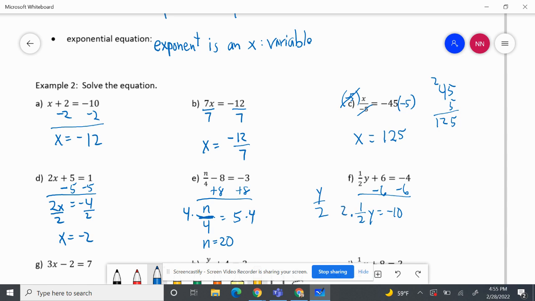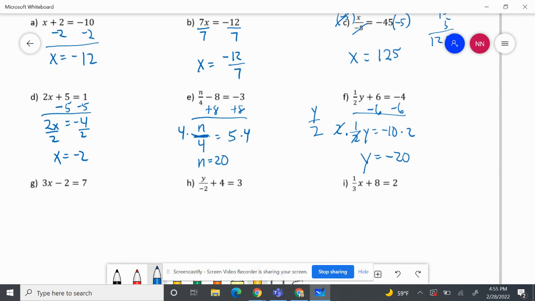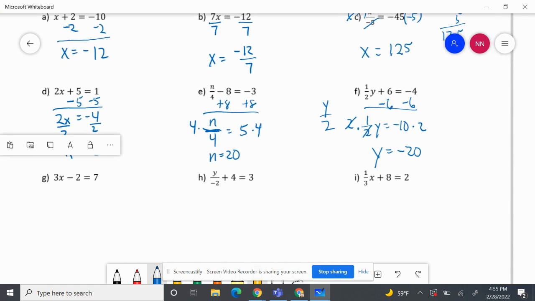So what we're going to do is we're going to multiply by 2. When we multiply by 2, the 2's cancel. We isolate the variable. Isolate is just a fancy way of saying get the variable by itself. What you should do is pause it for a second, try to solve them on your own, and then start it back up and see how you did, just to see if you're understanding it.